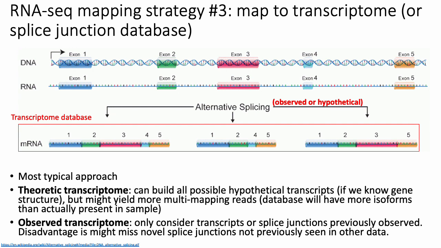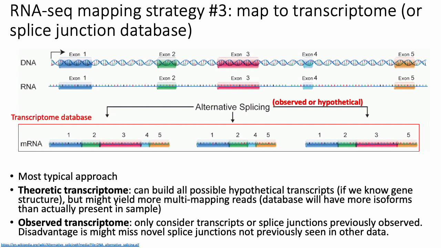The only thing I want to say about splice junction databases is that, like I just mentioned a few minutes ago, whether you use a theoretic or observed transcriptome database, if you are using short read sequencing where the reads are much shorter than the transcript length, then in practice it's pretty much impossible to quantify isoform level expression measurements because isoforms are very long, and because the reads are so short with short read sequencing, generally speaking, there can be many isoforms that a given read maps to.